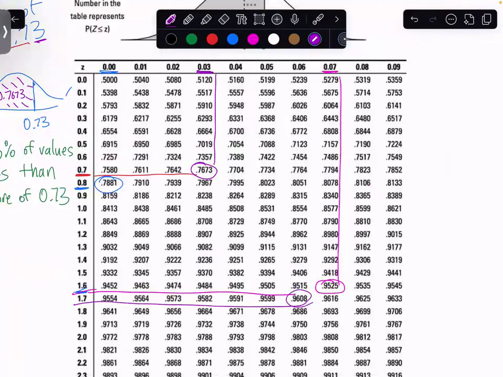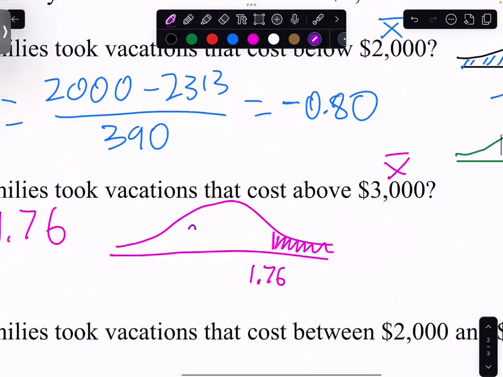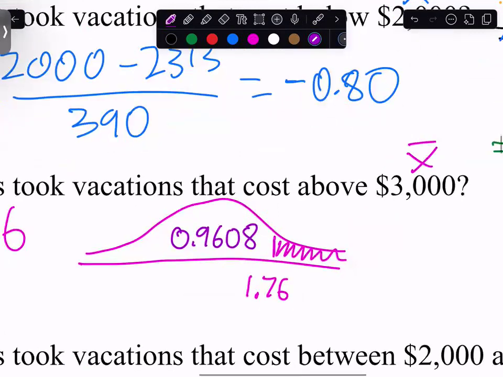1.76 tells me that to the left is 0.9608. Now I see, is this the number I wanted or do I need to subtract from one? The area to the left is the unshaded part. I always want the shaded part. So yet again, I need to subtract from one full.